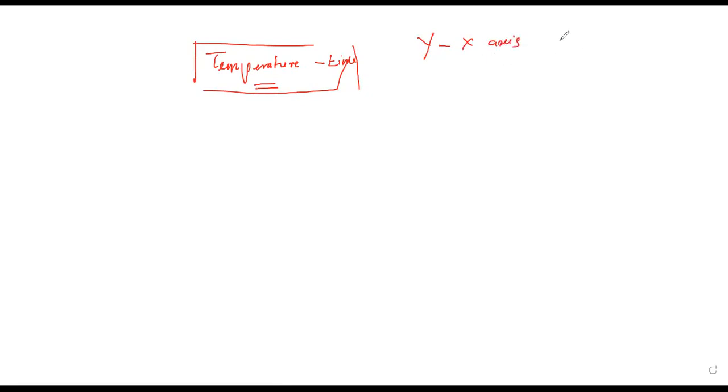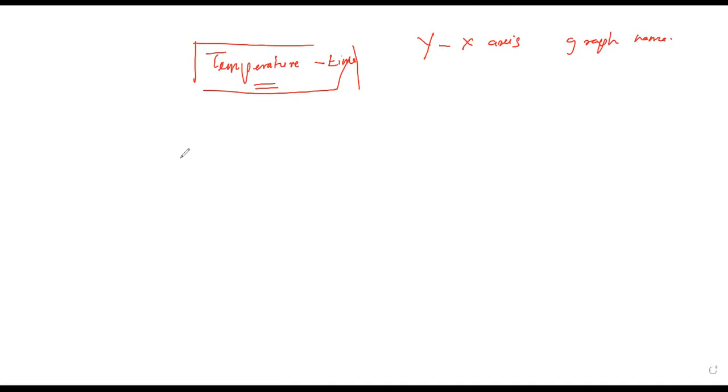This is the way of writing the graph. The variation they said is the response of the temperature according to the time.